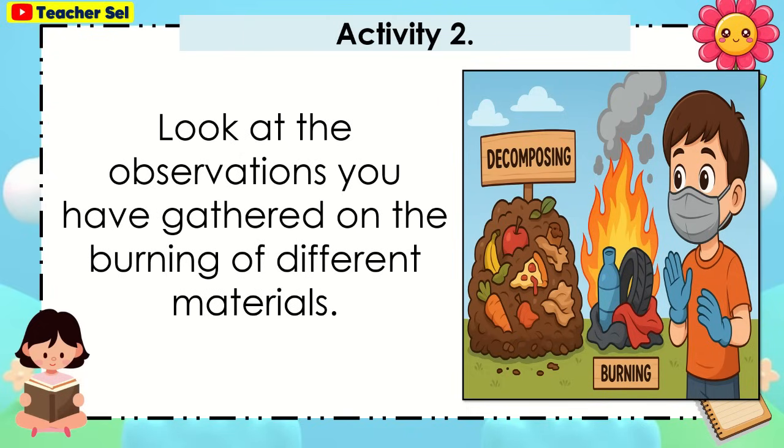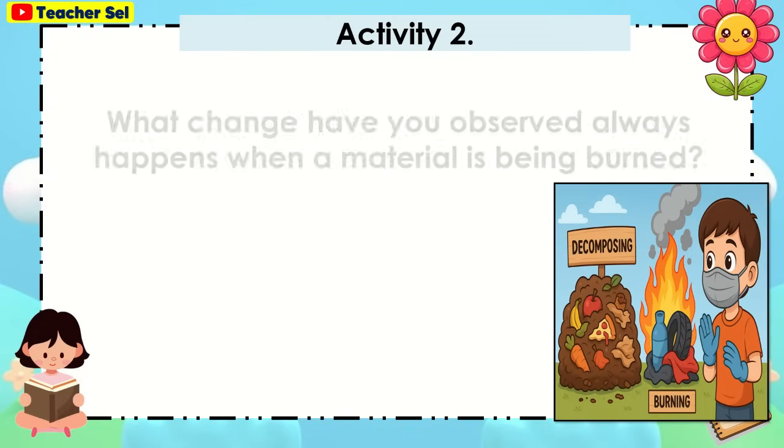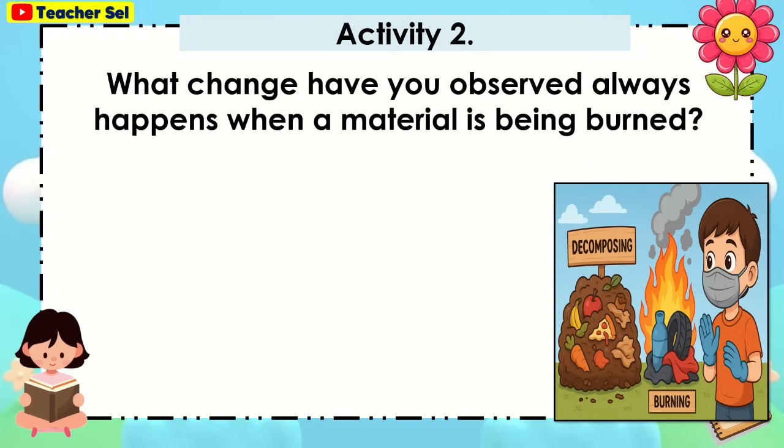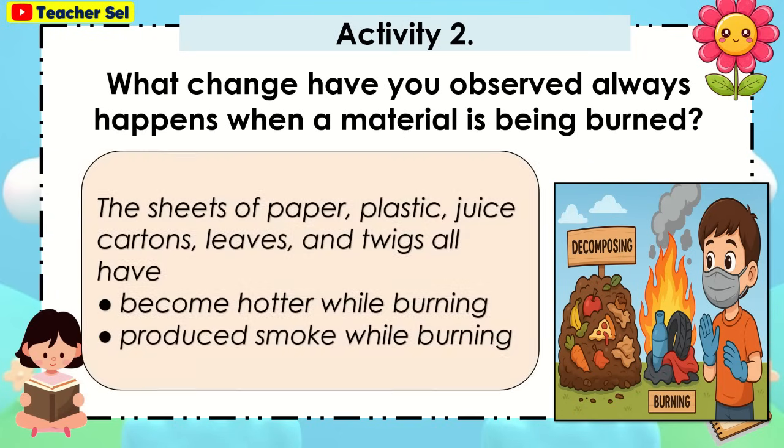Look at the observations you have gathered on the burning of different materials. What change have you observed always happens when a material is being burned? The sheets of paper, plastic, juice cartons, leaves, and twigs all have become hotter while burning and produce smoke while burning.